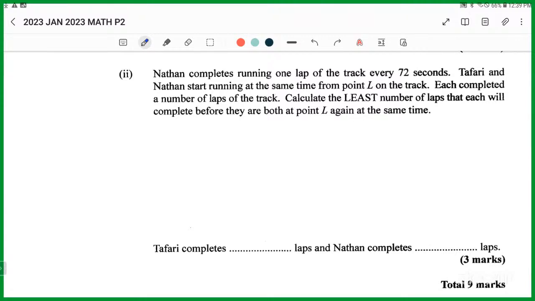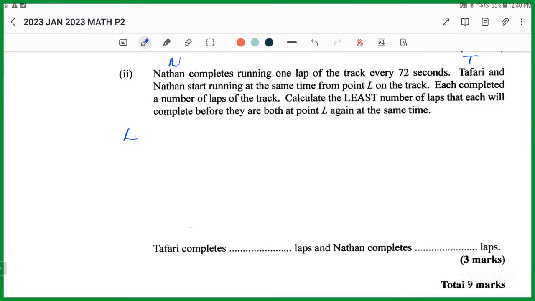So this question can be worked out multiple ways. But what you know is that there's a 4 second difference between them, right? So one is going to be 4 seconds ahead, one is going to be 4 seconds behind. You can work it out from either side. So, all right, look at this. Let's call Nathan's lap N, and let's call Tafara's lap T. Watch this now.